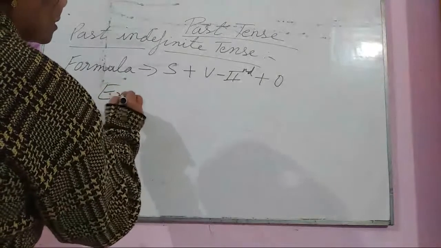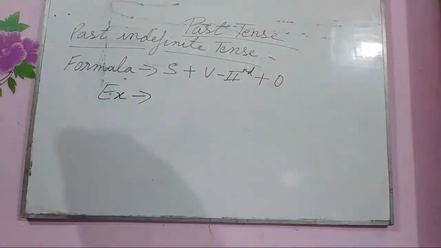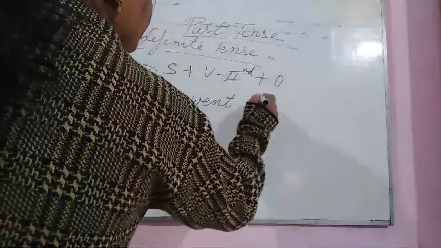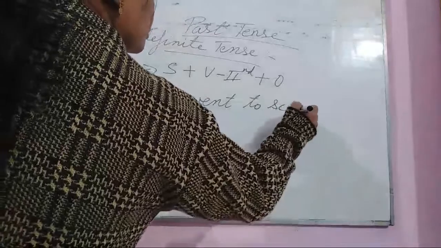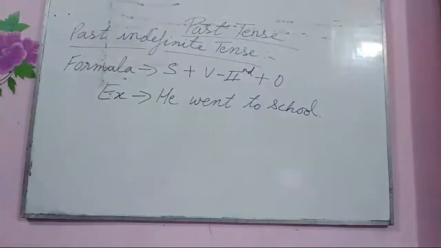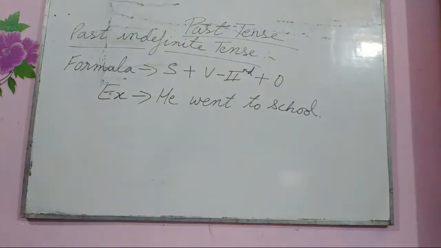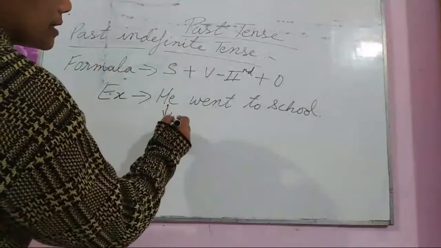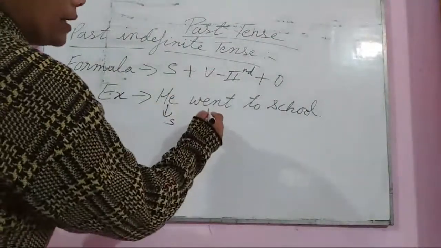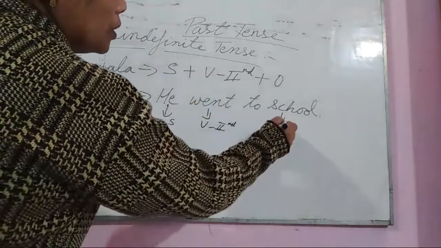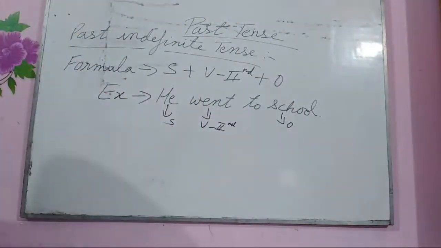To understand it better, I'm just writing an example. The example is, he went to school, where he is the subject, went is the verb of second form and school is your object.